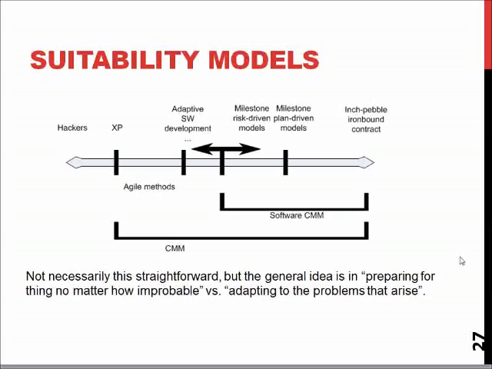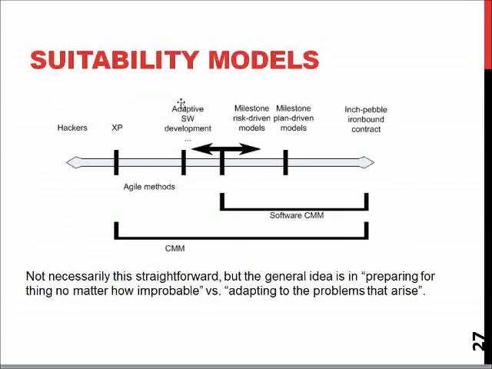So basically the model here gives an idea of the amount of design or planning or preparation on a one-dimensional scale, meaning that, for example, something like extreme programming is on one end, and here the hackers mean basically the cowboy coders.